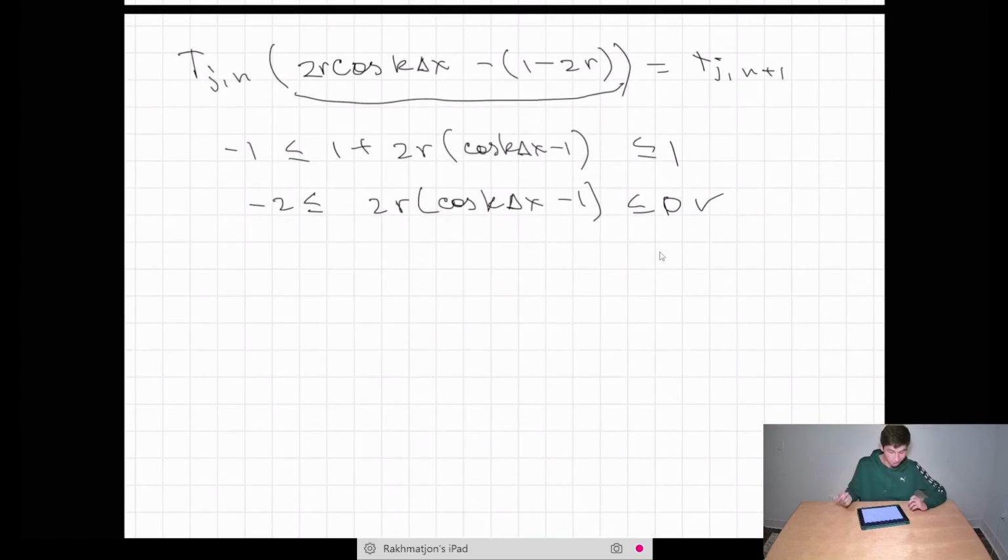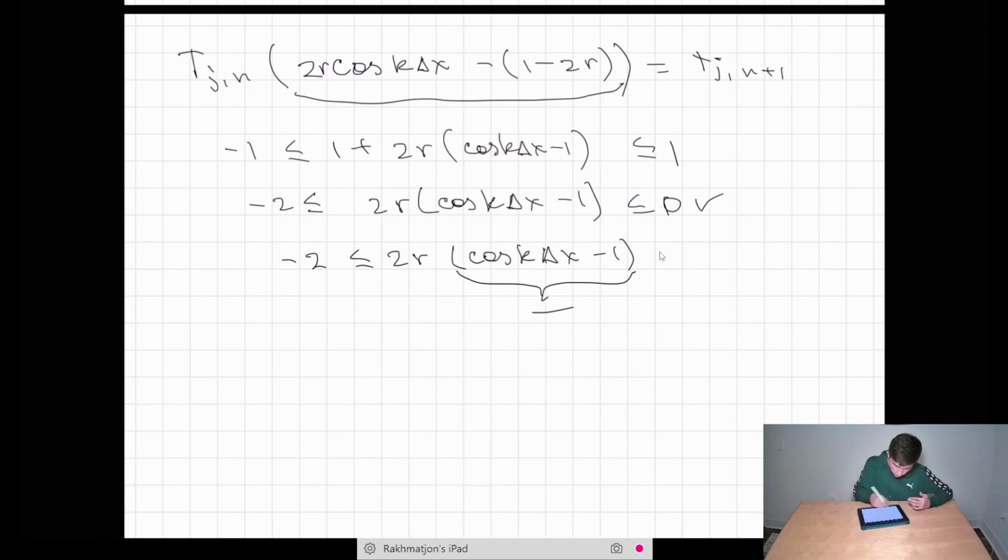So we don't have to consider that, and we're going to do everything with the other side only now. This is a negative number.